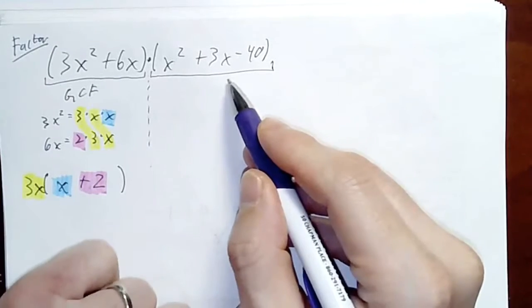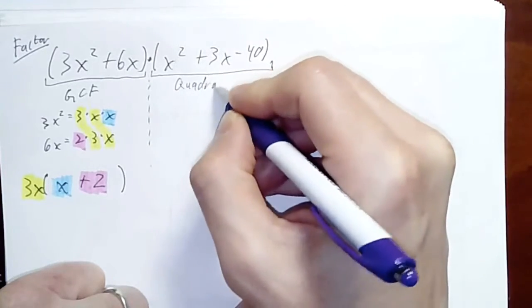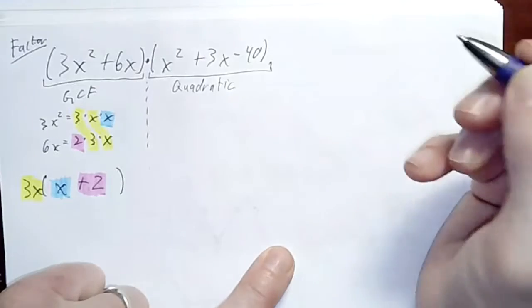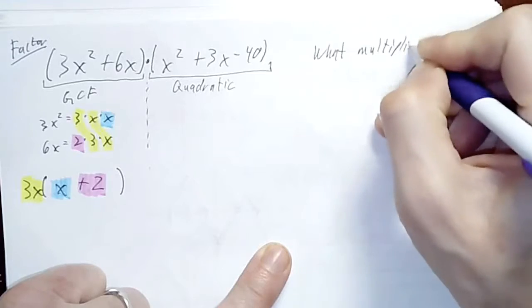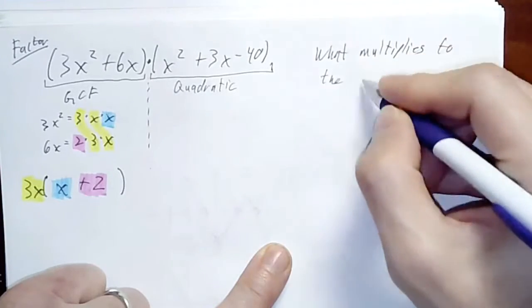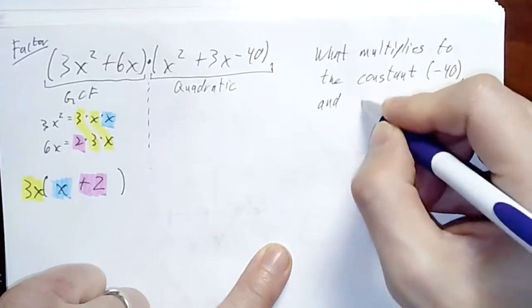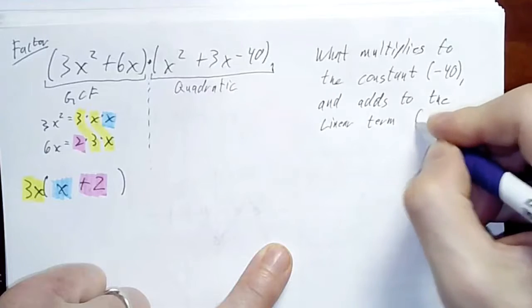My second term here, though, is a quadratic, and there was a unit we had taught on how to factor quadratics. So as a quick reminder, we ask ourselves this question: what multiplies to the constant, negative 40 in this case, and adds to the linear term, in this case 3?